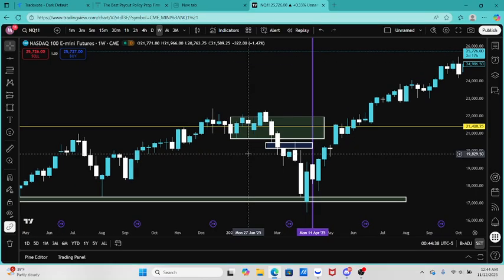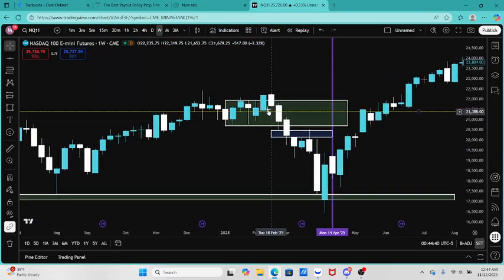Now, if you would have just entered and you were trying to make money from it going down and you entered on this candle or even here, you would have been chopped around and you would have lost a good amount of money because you weren't patient. You want to wait. How does price react to the order blocks? Is it showing weakness?